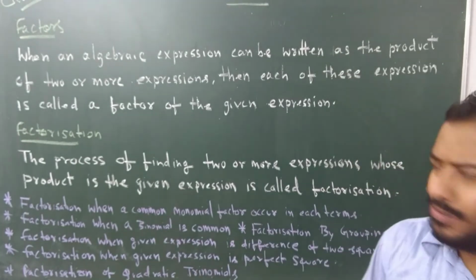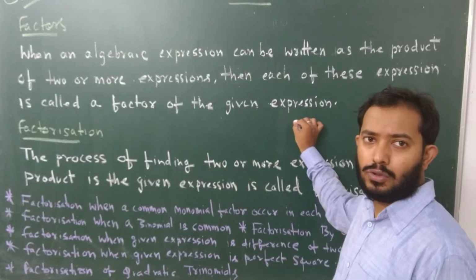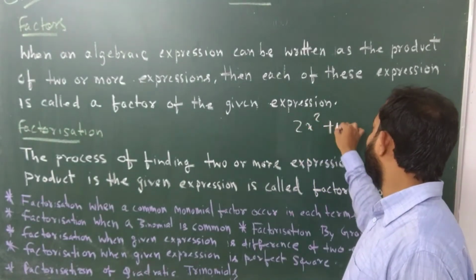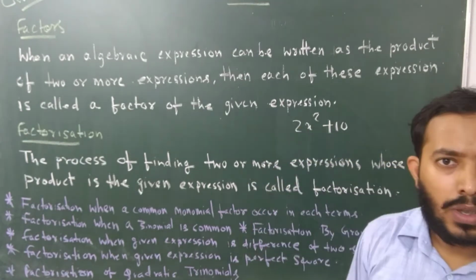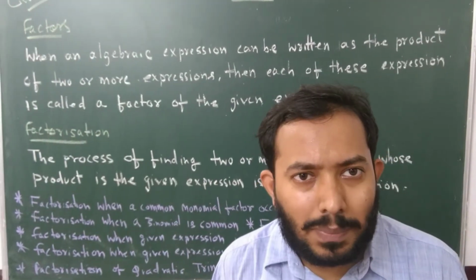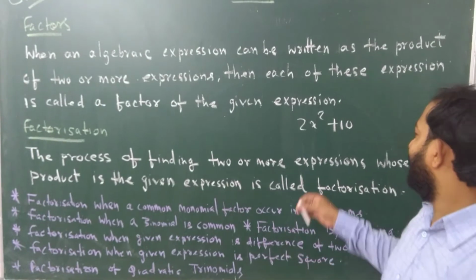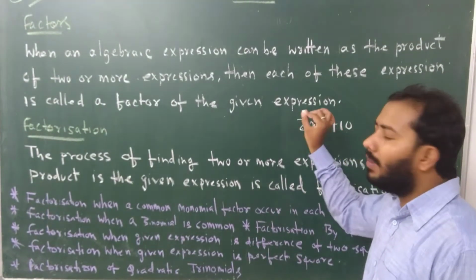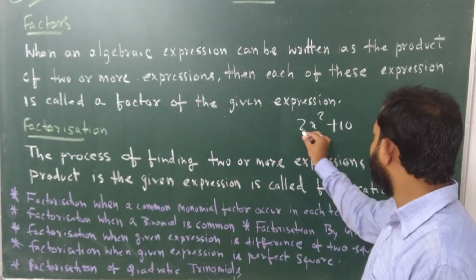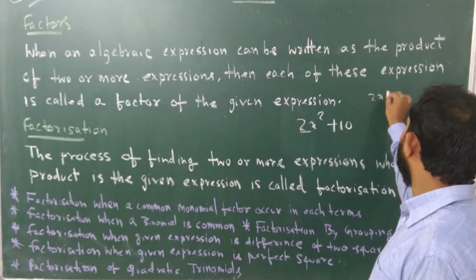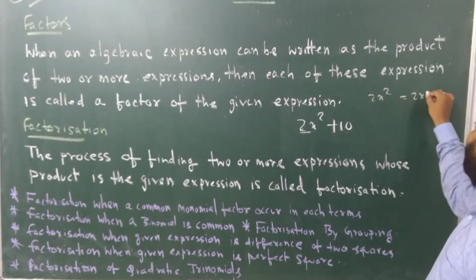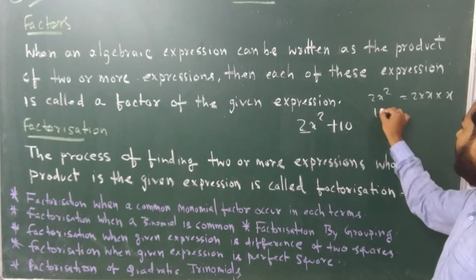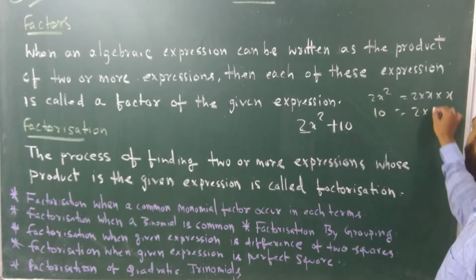Let's take one example like 2x square plus 10. If we take 2x square plus 10, you can see that there is 2 common in both. 2x square can be written as 2 into x square, and 10 can be written as 2 into 5.